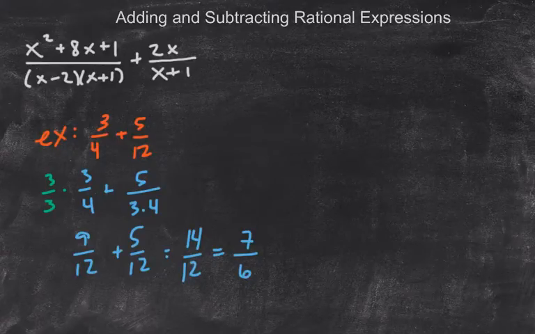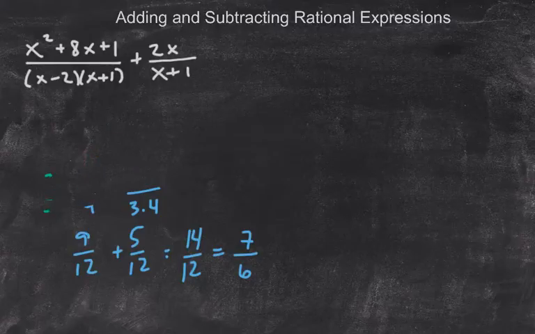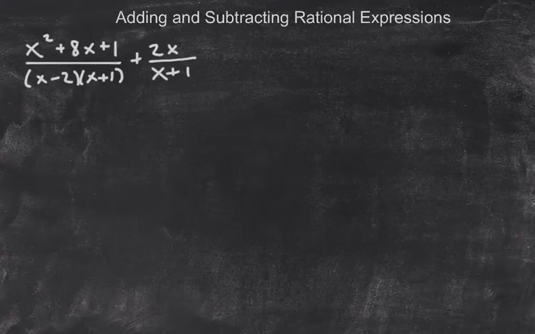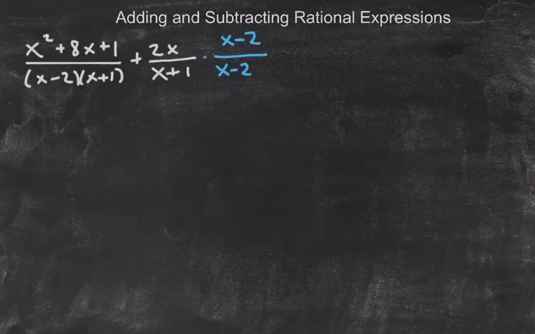I'm going to clear that away, but we're going to apply the same concept to this particular problem. So I've already got part of a common denominator. I just need to multiply the second expression by a giant 1, and I'm choosing x minus 2 over x minus 2, so that I get a common denominator of (x minus 2)(x plus 1). So I'll rewrite my expressions now.